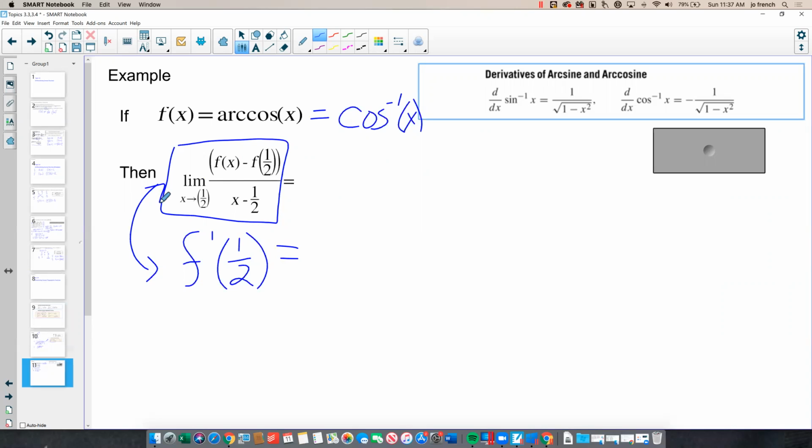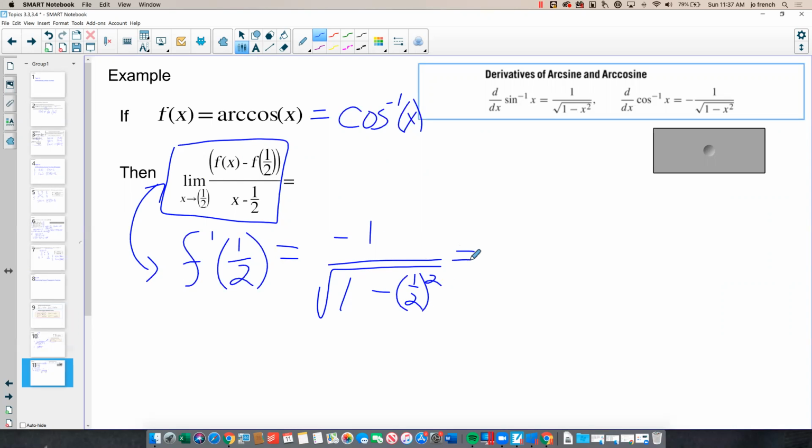To find this derivative, I need the derivative of the inverse cosine. Well, the derivative of the inverse cosine from our chart over here, eventually you'll want to memorize it, is negative 1 over the square root of 1 minus x, but x is going to be 1/2 in this case, squared.